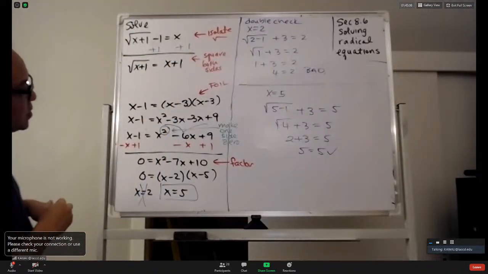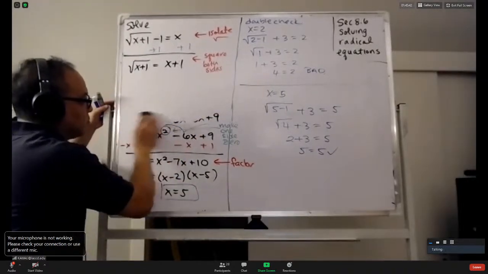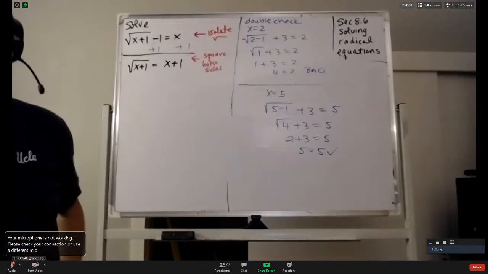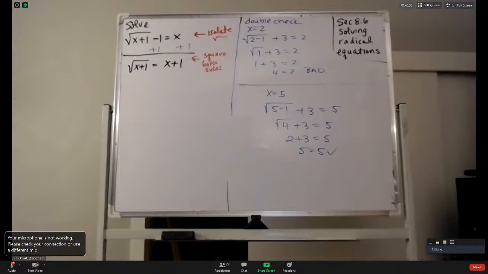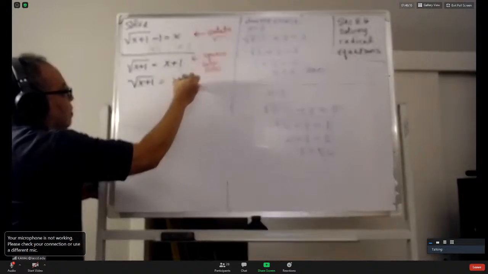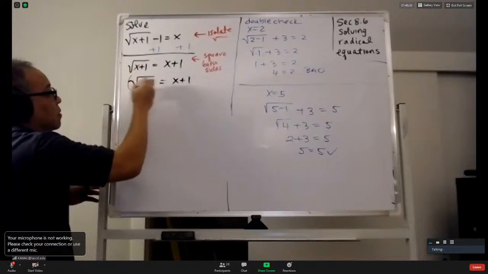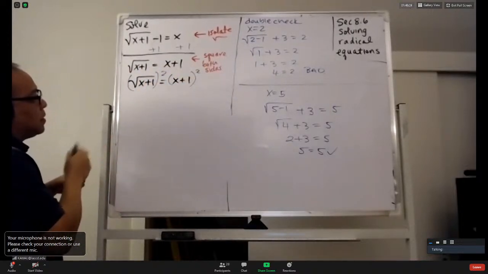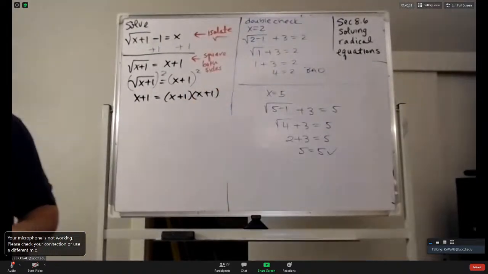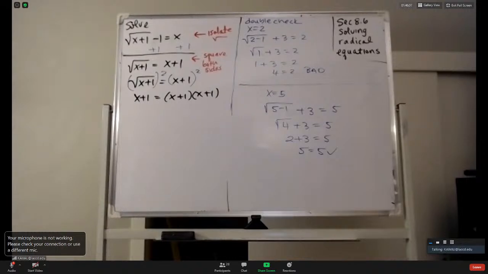Okay, let's go ahead and square both sides. And then go ahead and FOIL that, then make one side equal to 0 and see if you get that.